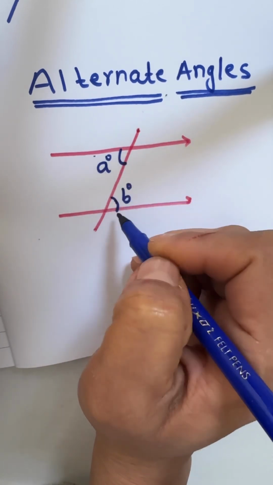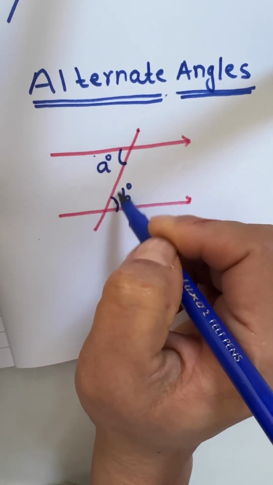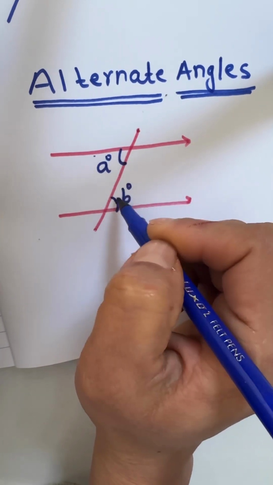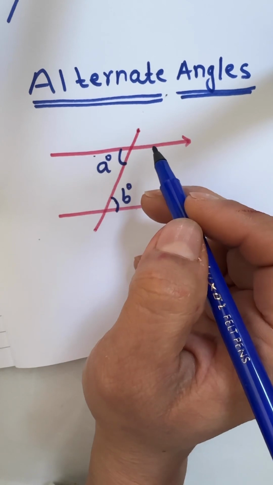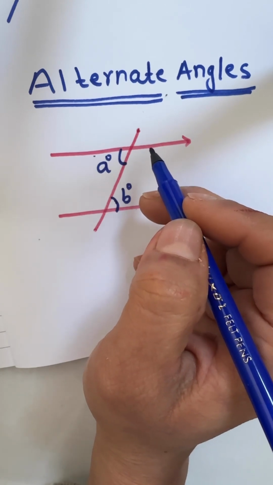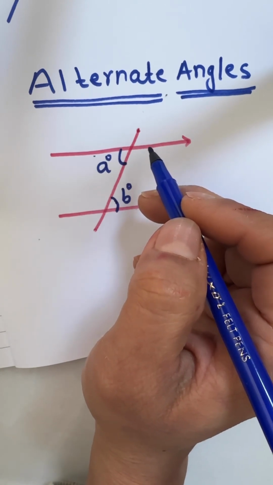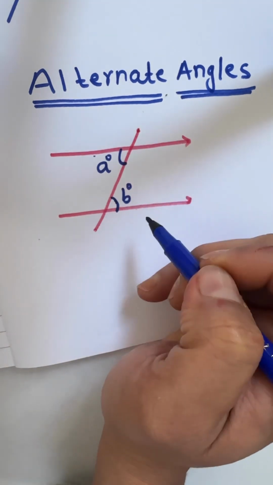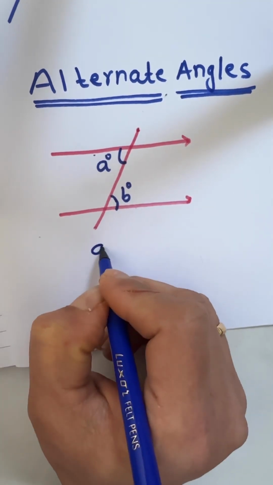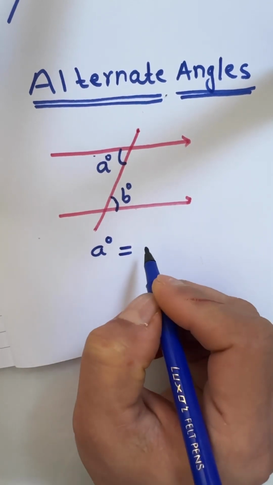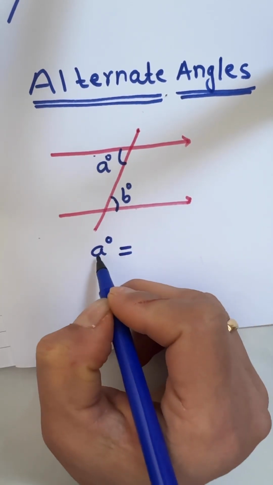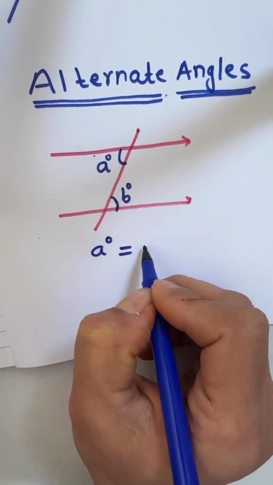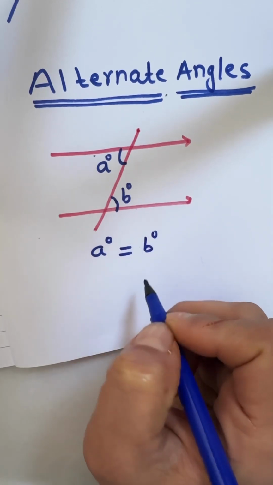These are the opposite angles, called alternate angles. The angles on opposite sides of a straight line that intersects two parallel lines are called alternate angles. The alternate angles are always equal in size. Meaning A angle is equal to the B angle.